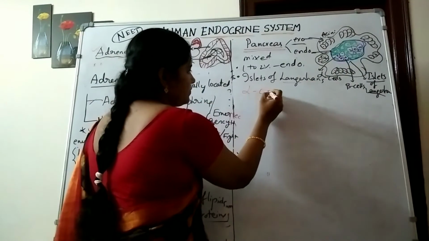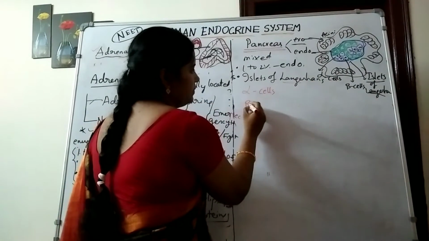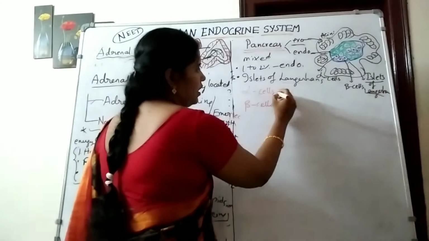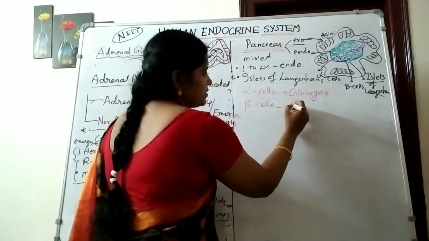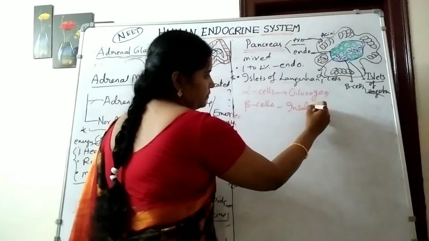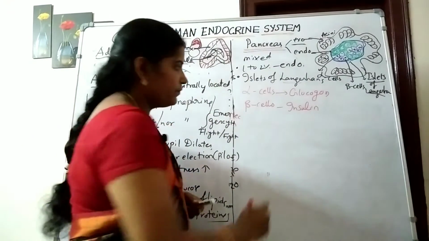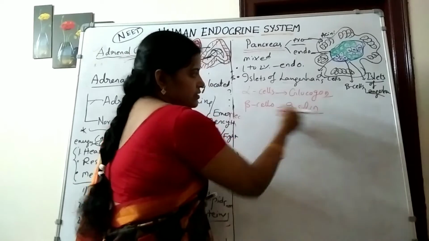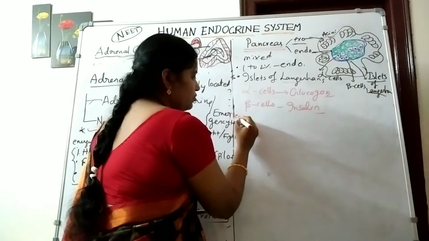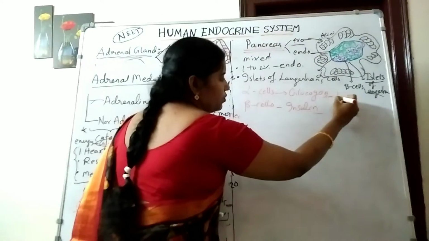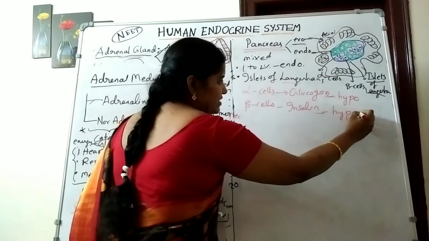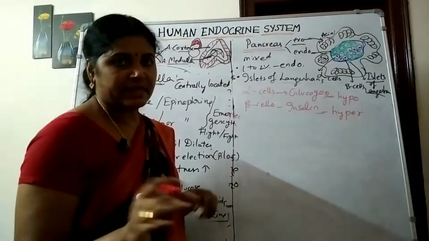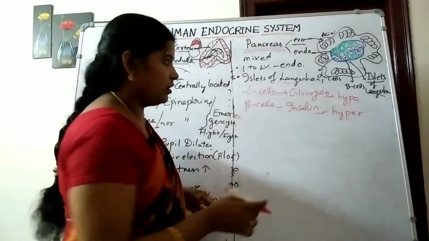One is alpha cells, another one is beta cells. Alpha cells release glucagon hormone, and beta cells release insulin hormone. Glucagon is a hyperglycemic hormone, and insulin is a hypoglycemic hormone.